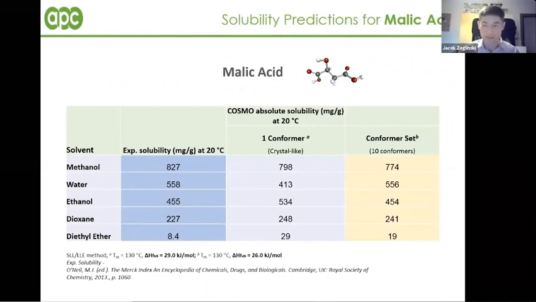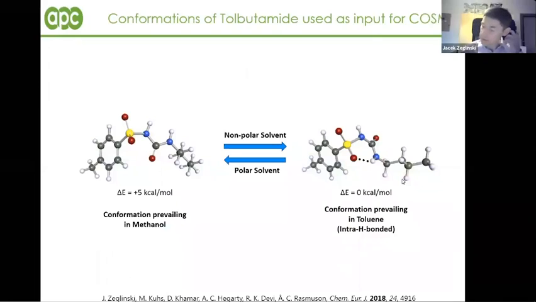So as you can see, the predictions are quite good, although the approach when we use 10 conformers works slightly better. But it's not always the case that we have such nice predictions.